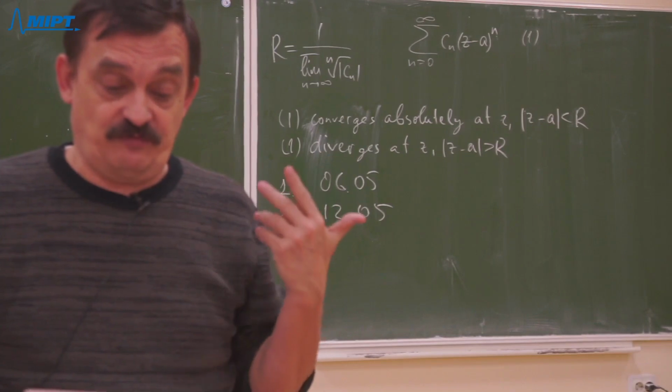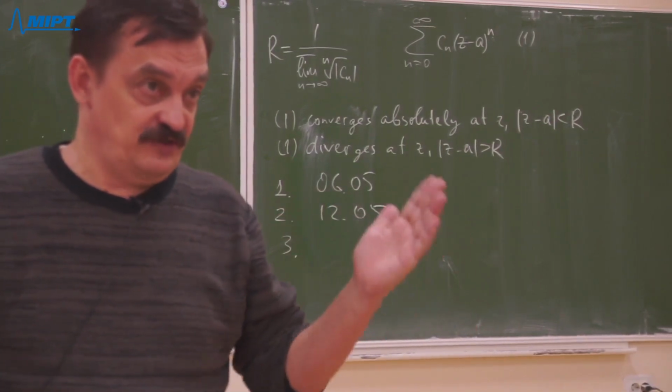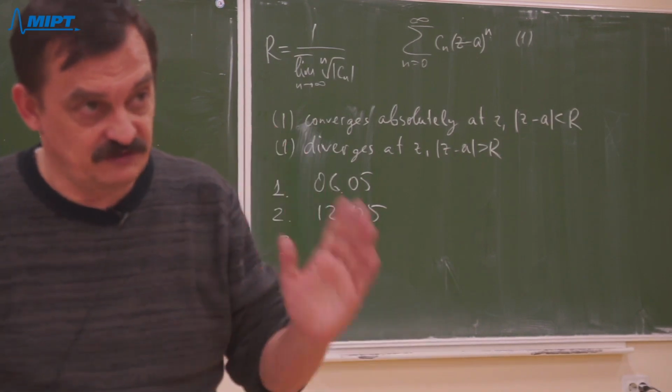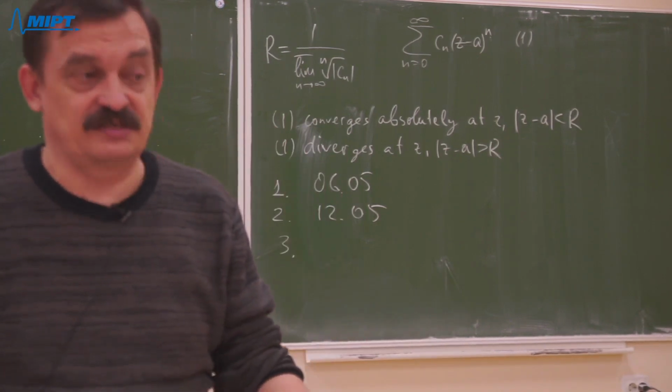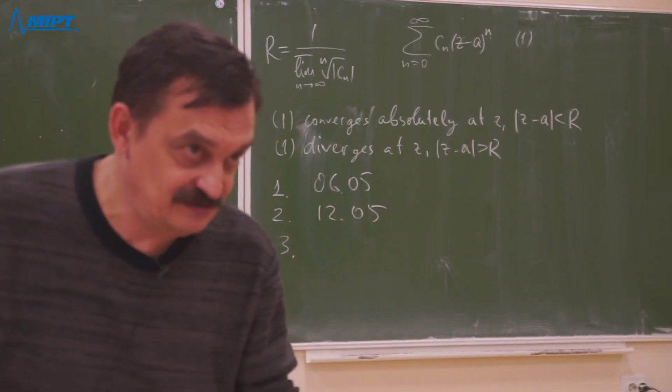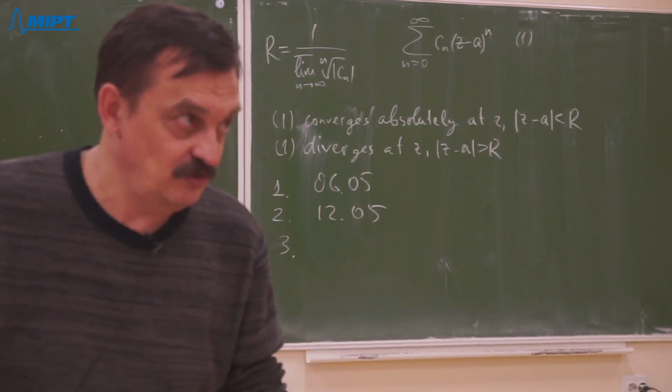So here we have one theorem about differentiation and integration. Both. You can differentiate a power series and you obtain a power series with the same radius of convergence. That is what you need to know.